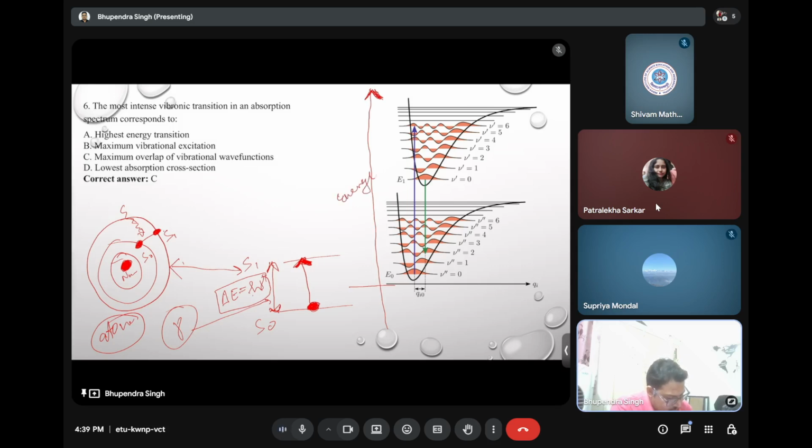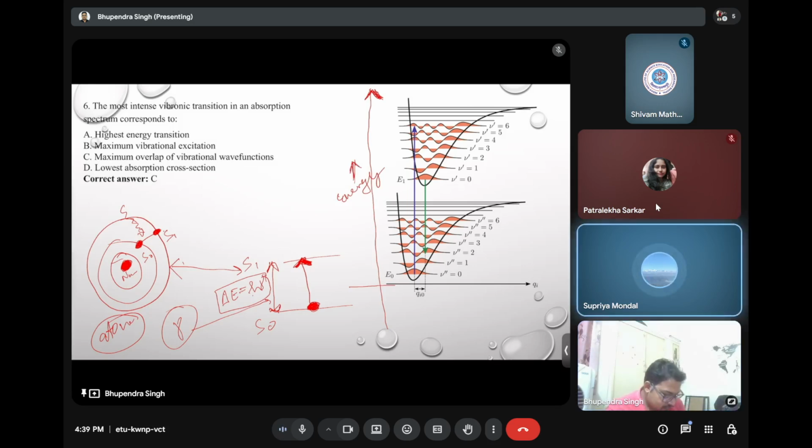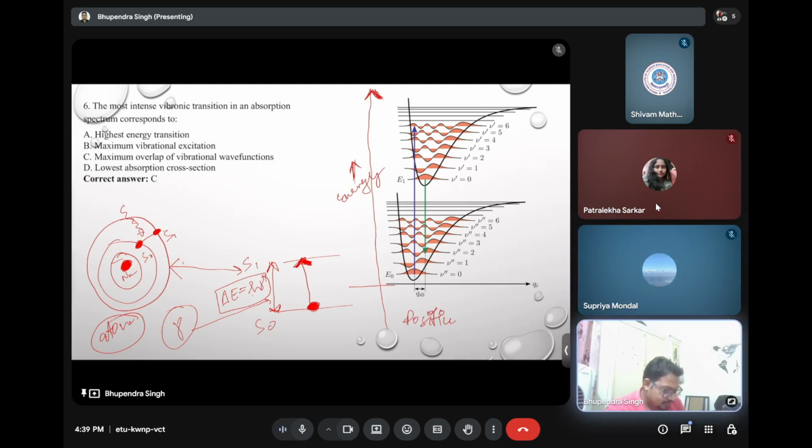Perfect. What is the x-axis? Position. Yes, perfect. Position of the nucleus. Okay?